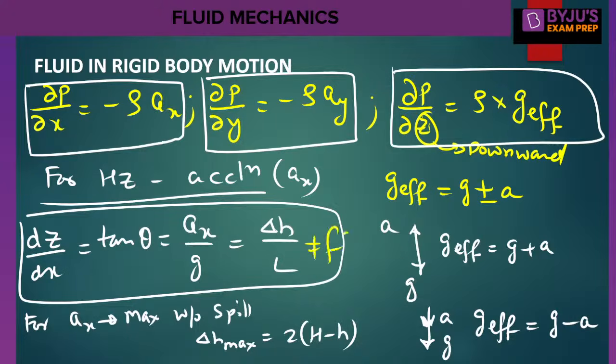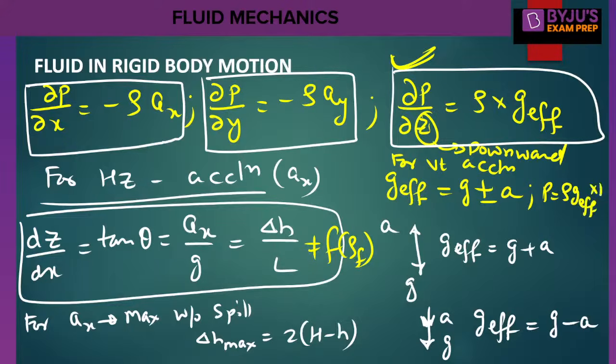This expression is independent of density of the fluid. For vertical acceleration, we will use this expression. Pressure at a depth H is rho into G effective into H.